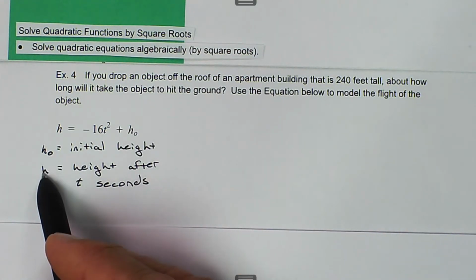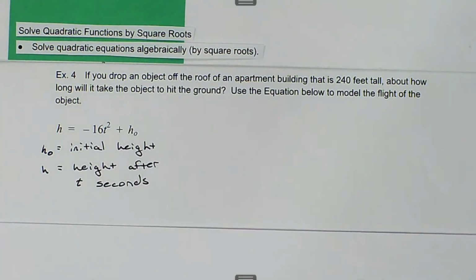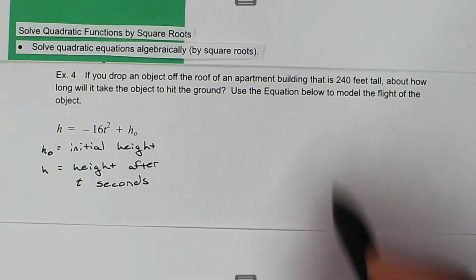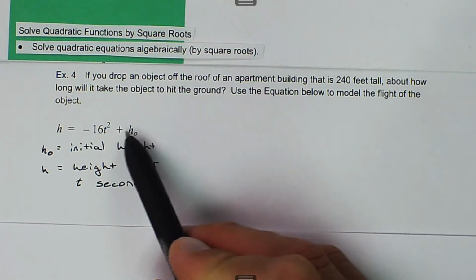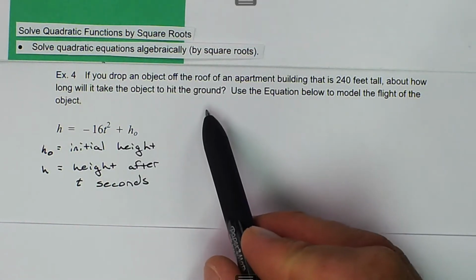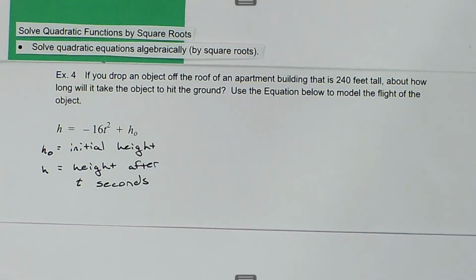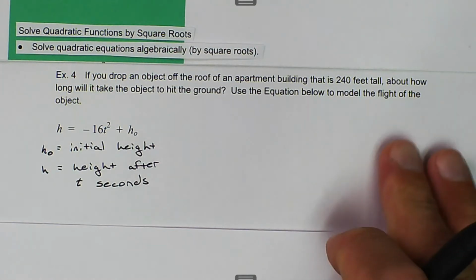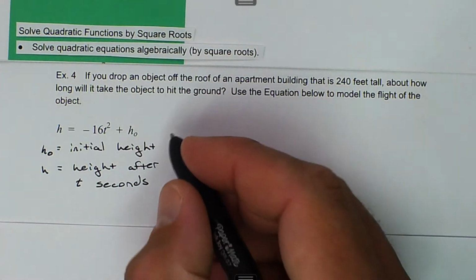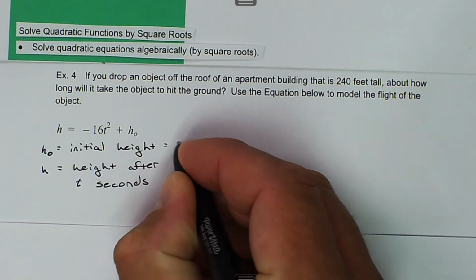So h sub o and h are different things. So we can substitute some values in to figure out what it is. And so we know h sub o is 240 feet because that's the height of the building.